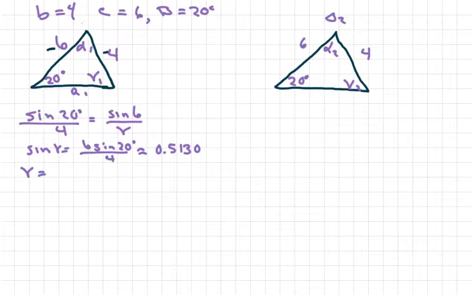So gamma equals inverse sine of 0.5130, and that is 30.9 degrees.